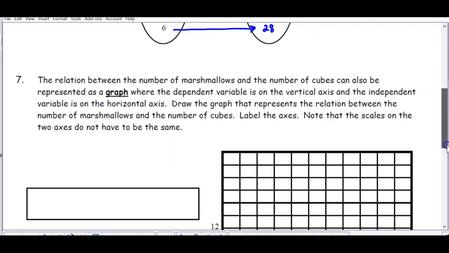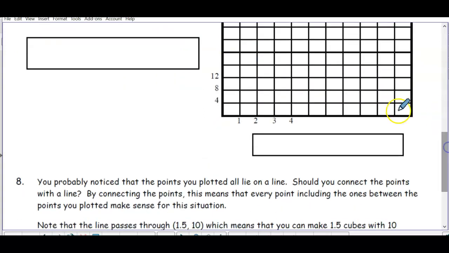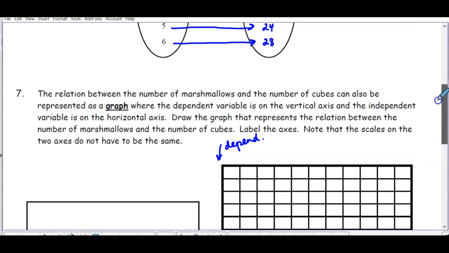Then another method is to graph. So the relation between the number of marshmallows and the number of cubes can also be represented as a graph, where the dependent variable is on the vertical axis. So this is always dependent, always. And this is always independent here. Okay.